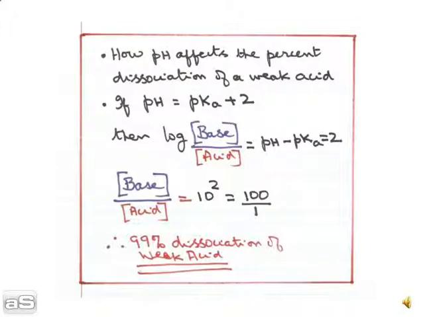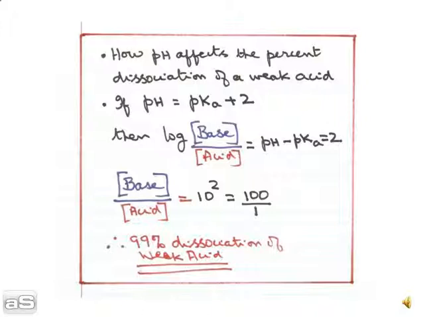Now, let us see how pH will affect the percent dissociation of a weak acid. We will take one example where the pH is equal to pKa plus 2. Now, the log of base to acid will be equal to pH minus pKa, which is equal to 2.